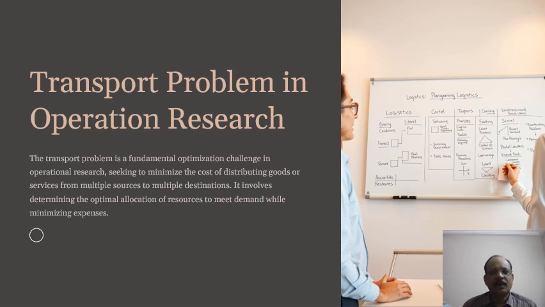The manufactured product is absorbed by retail outlets, or you can transport it directly to wholesalers or to warehouses. The plants are the origins, and from origins to different destinations, which may be warehouses, wholesalers, or retail outlets.